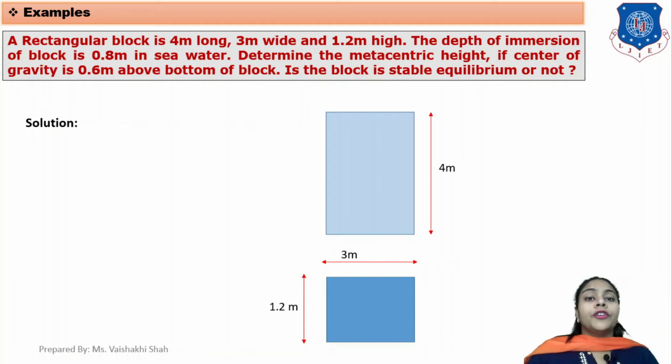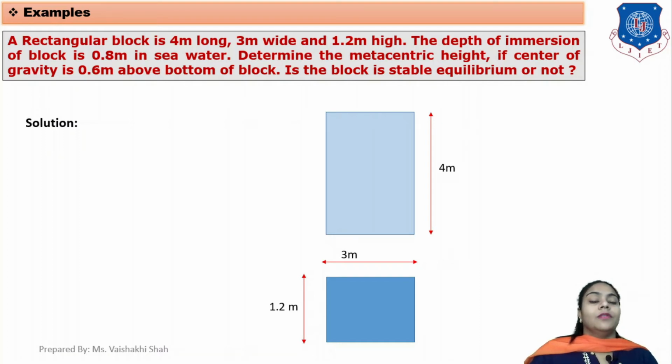In plan you are seeing the object from the top, and in elevation you are seeing the object from the side. So in elevation you can see two dimensions, first the depth or height, second the width, and in plan you can see the dimension length. So the length of the object is 4 meter, the width of the body is 3 meter, and the height of the rectangle is 1.2 meter.